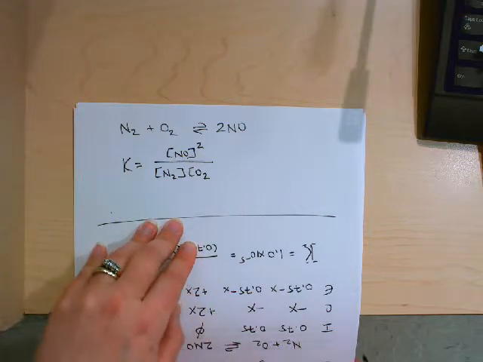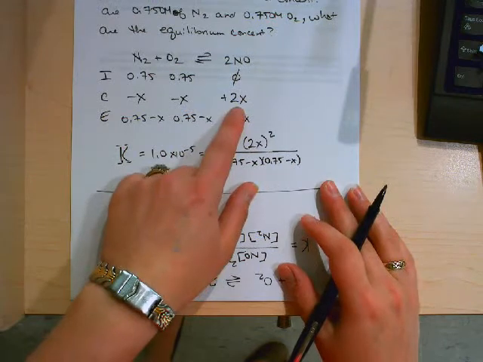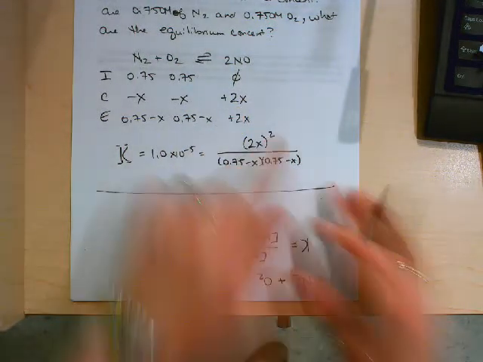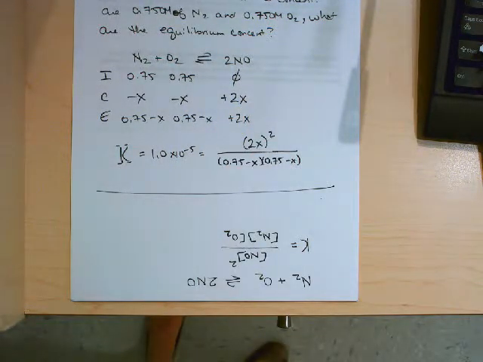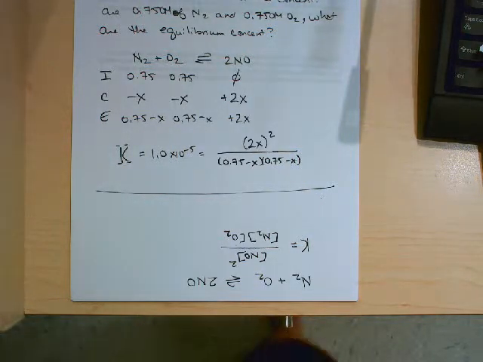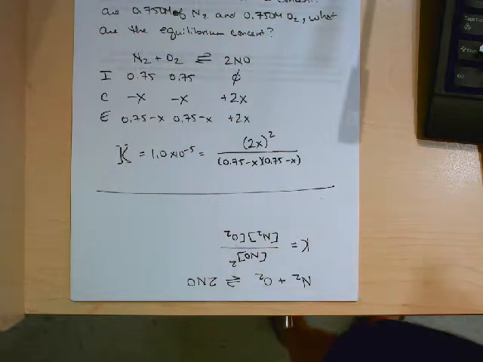But when you combine that with an ICE chart, you had 2x, and now the 2x is squared. So you should have both types of 2s, the big 2 and the coefficient 2.